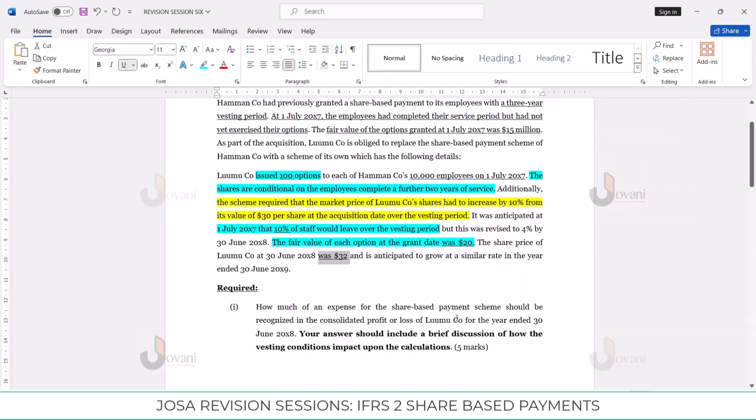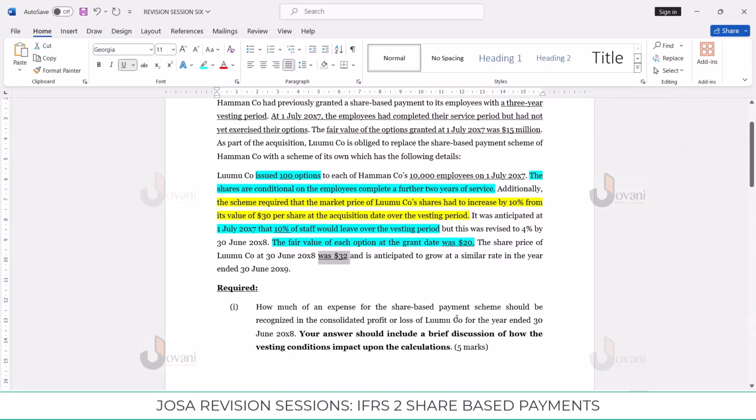So, Raymond, you didn't do well because you left out free information. This first paragraph was just to give you a hint on another part of the question. The information that you needed. They even told you Lumuco is obliged to replace the share-based payment scheme of HCO with a scheme of its own which has the following details.